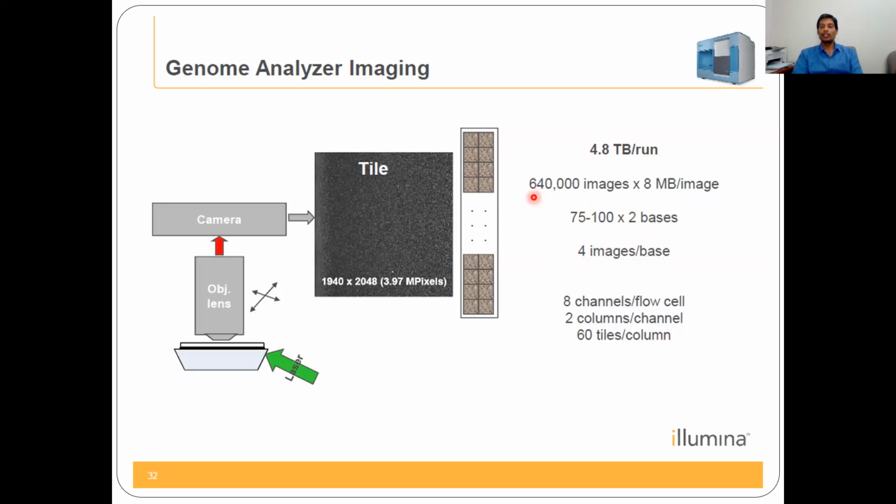So you will get 640,000 images. Each image, as it is a high megapixel image, will take 8 MB of size minimum. And for every run, it requires a few terabytes of space for the computer to store this information.